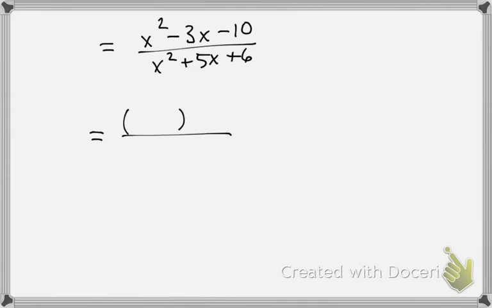Both of these are trinomials. Neither of them are perfect square trinomials, so our only option is trial and error, right? So what do you got? x and x for the top, so if we do x plus 2 and x minus 5, does that give me what I need?